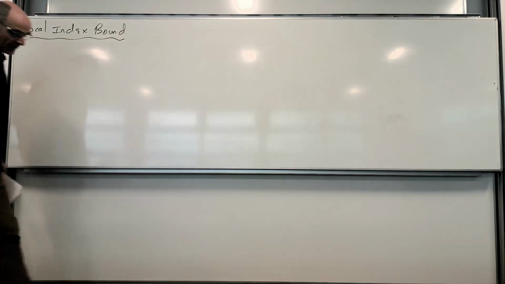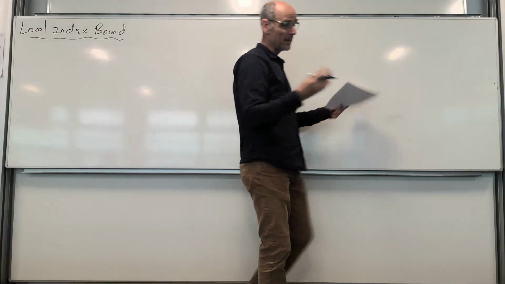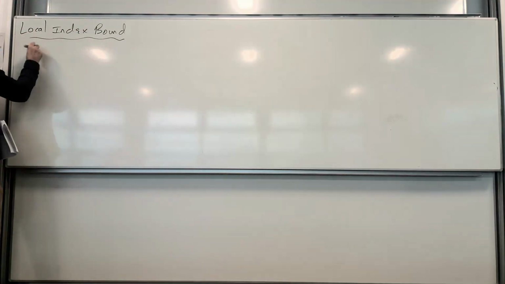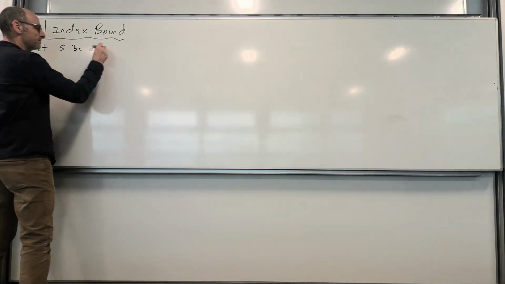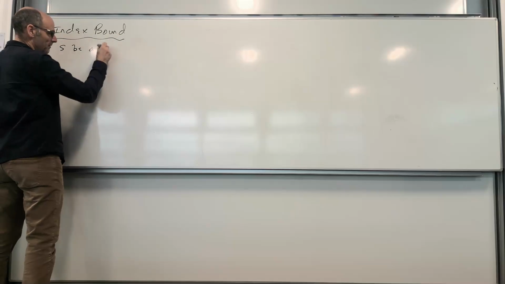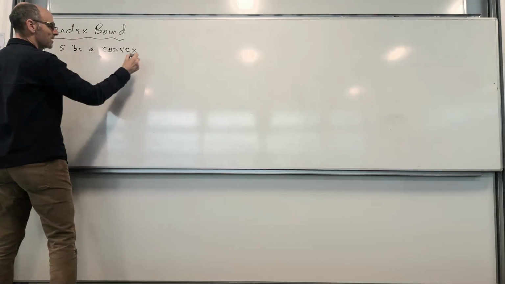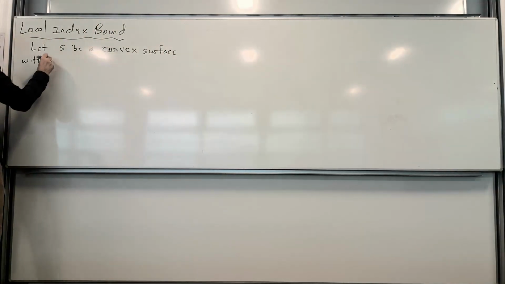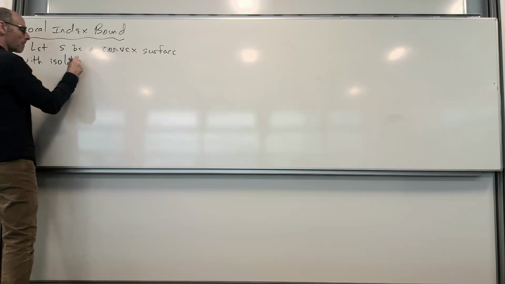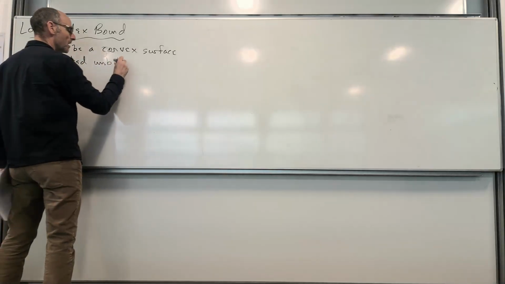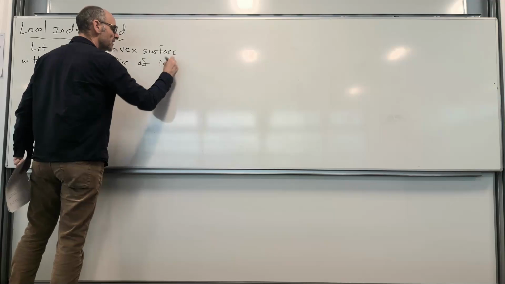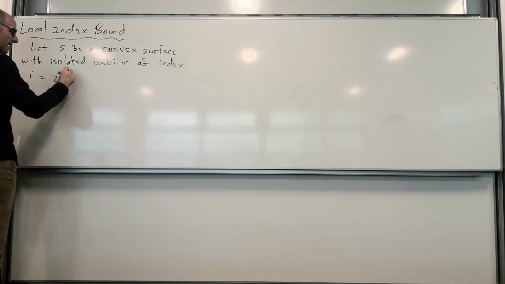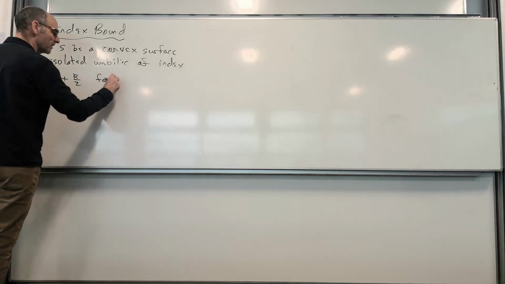Okay, so again, it's a proof by contradiction. So it's this theorem A and B that are going to be the main contradiction. But the problem is you start out with a surface. So again, let S be a convex surface, satisfying all of the things I said earlier, with an isolated umbilic of index, well, let's take I to be 2 plus k over 2 for k greater than or equal to 0.